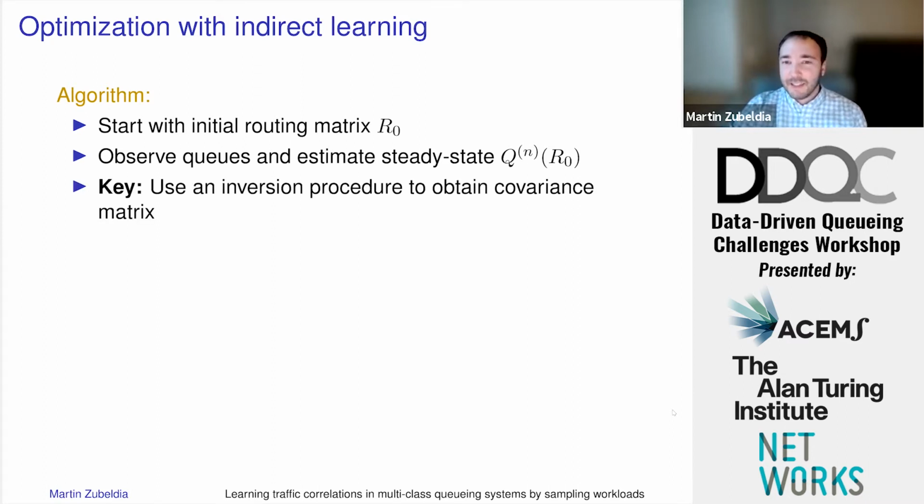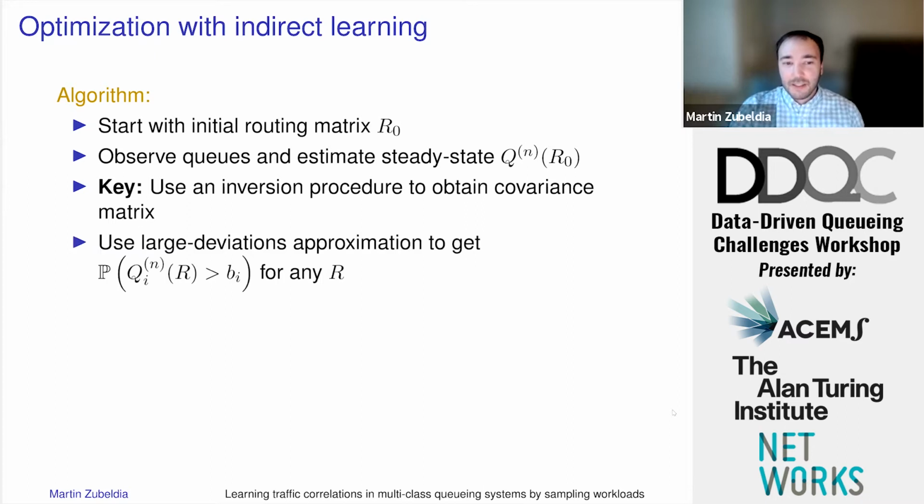And then the key is that we use an inversion procedure to obtain the covariance matrix based on the steady state distribution of the queues. This is kind of the key ingredient of this method. And once you get the covariance matrix, you can do the same as with the first approach and use large deviations approximations to get the probability of overflow as a function of any routing matrix, and then solve the optimization problem directly.